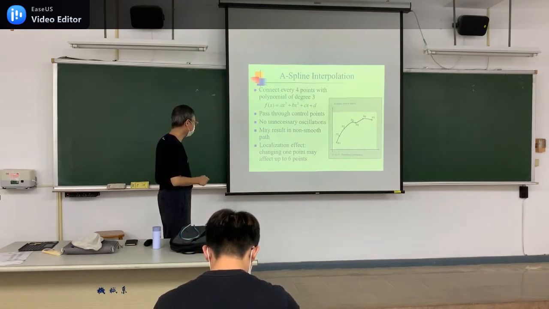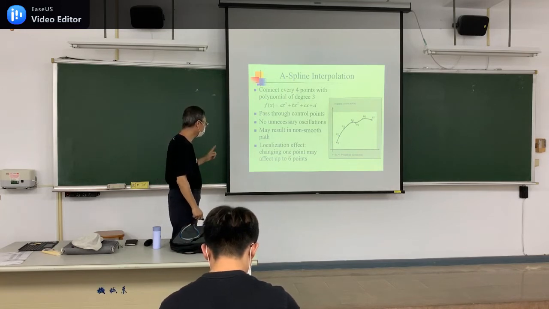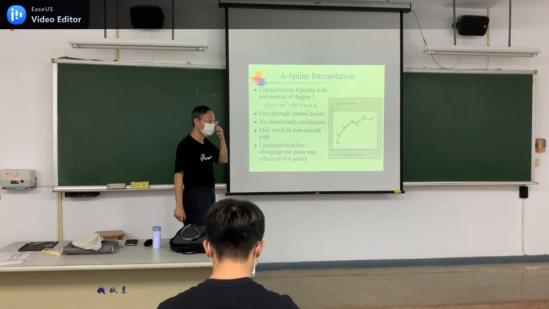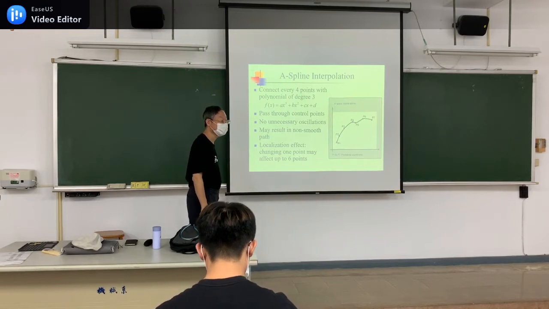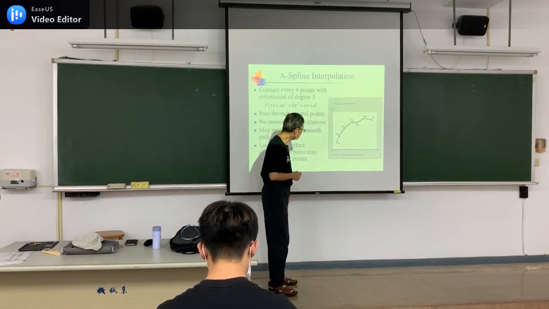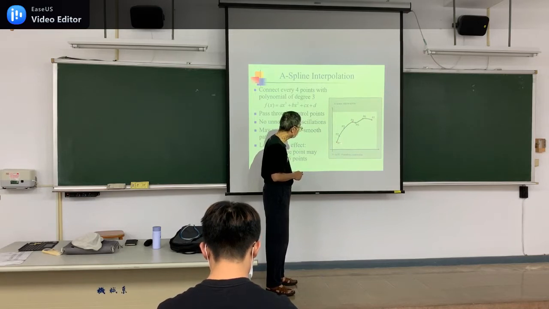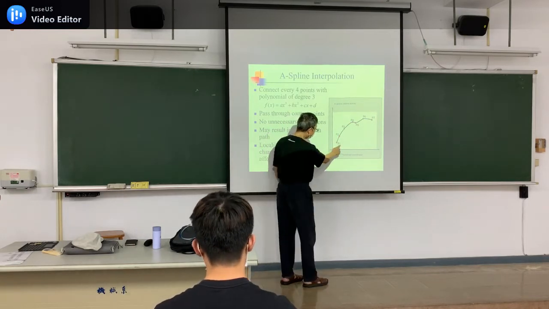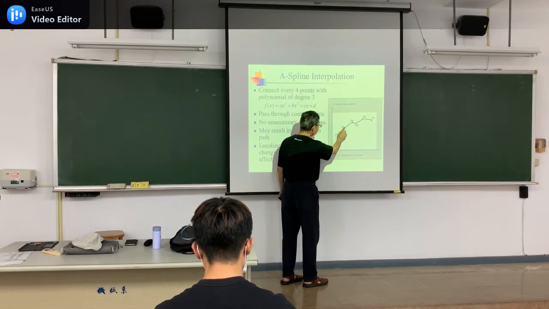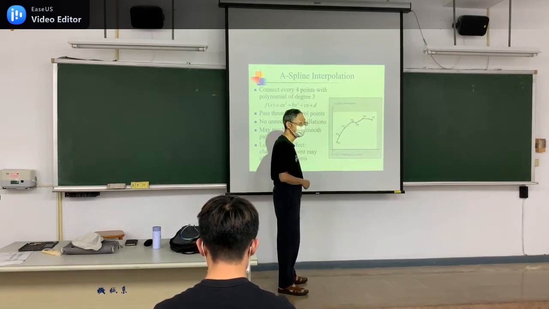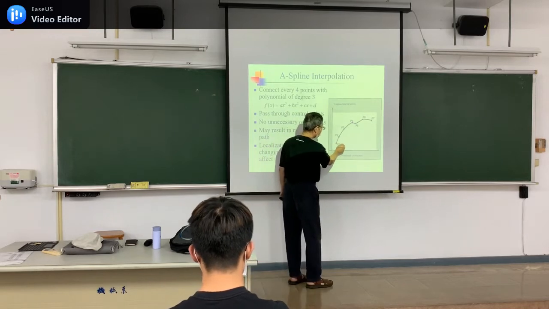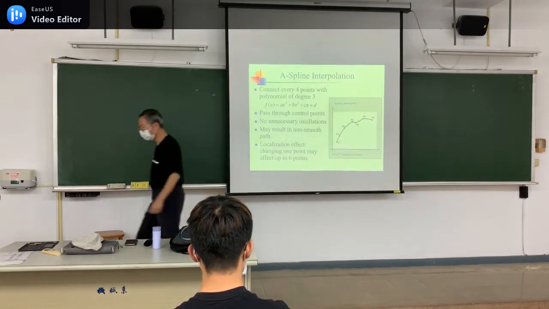Okay. Localization effect, meaning that if you change 1 point, you may affect up to 6 points. For example, you change the position of this, and the other remain the same. Then the first polynomial will be changed. The second will not. So it will affect up to 1, 2, 3 points. I'll give you an example.